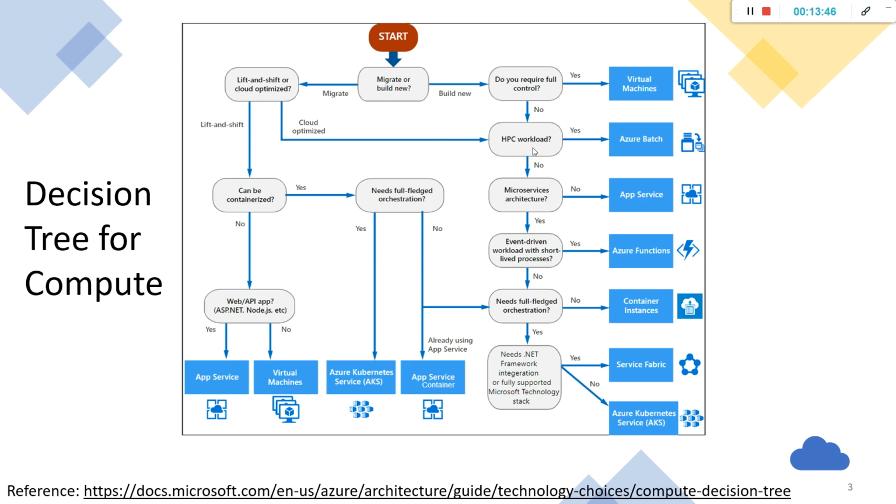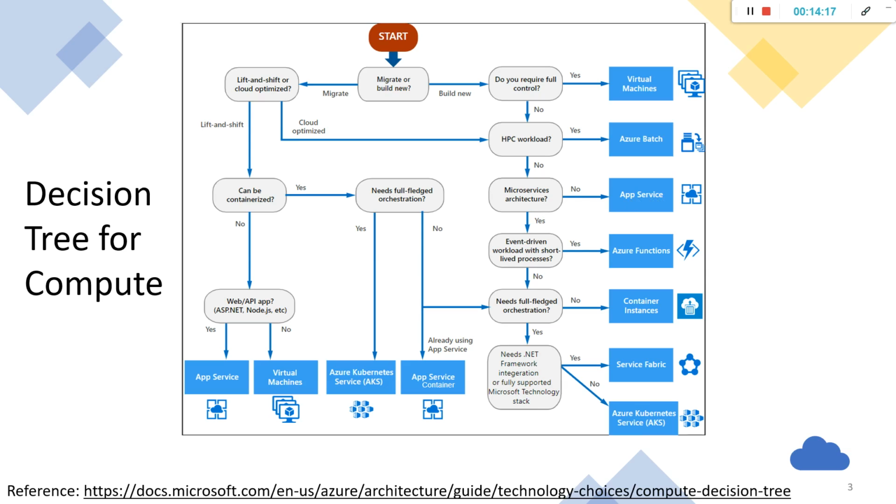Suppose it is not a high performance compute workload, then there is another option: is it a monolithic application or a microservice architecture? If it is not microservice, then we can choose App Service.